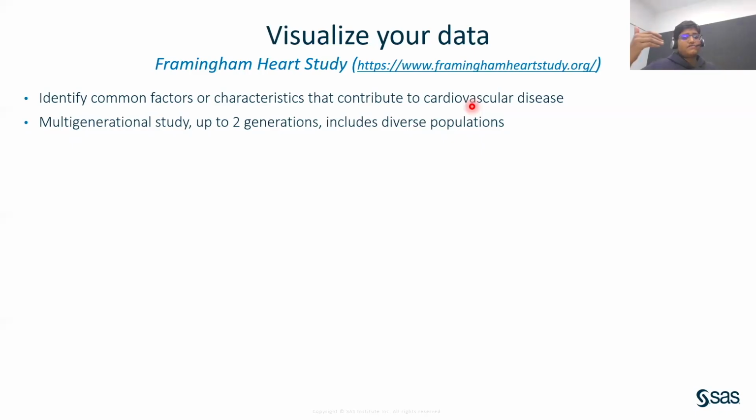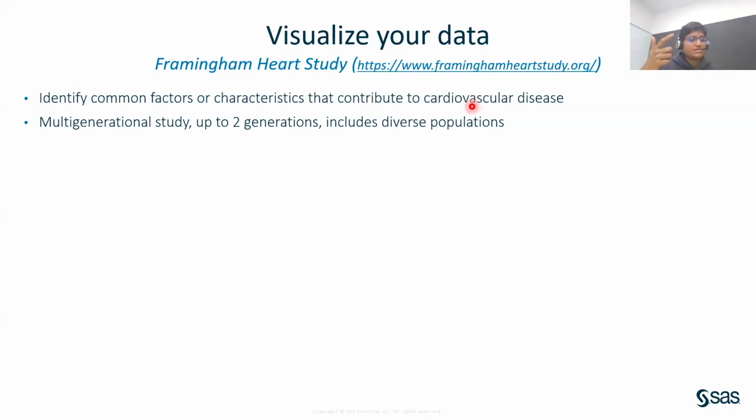So it started off with the idea of studying up to two generations and looking at how these different factors can also influence the lifestyle choices of the subsequent generation within a family or within a specific community or population. And you're also looking at how those factors can be hereditary in nature, how different conditions that people have suffered from in the past are going to subsequently impact the next generation.